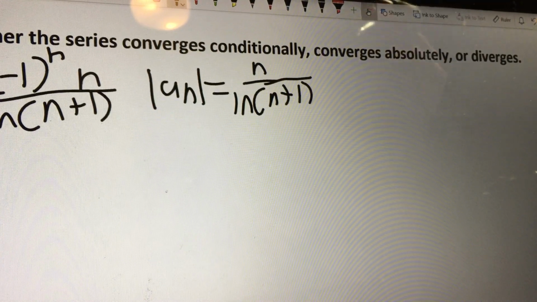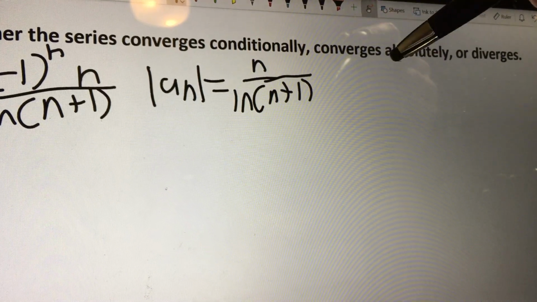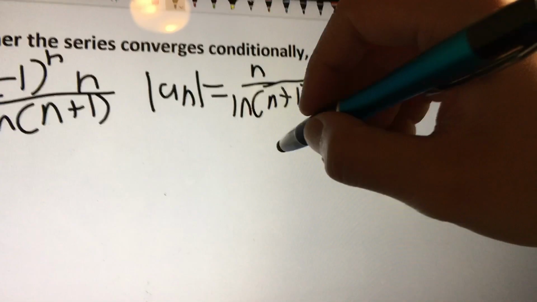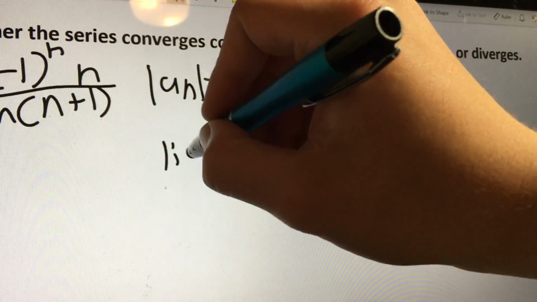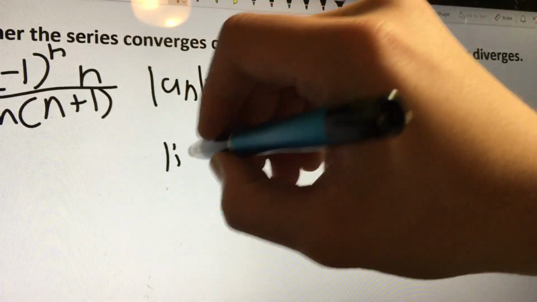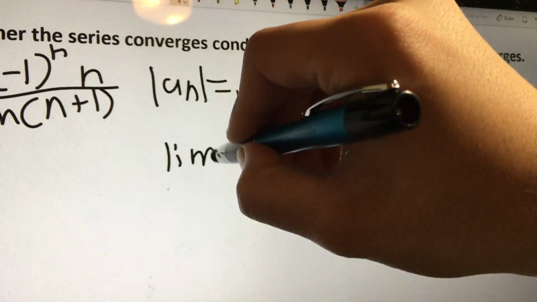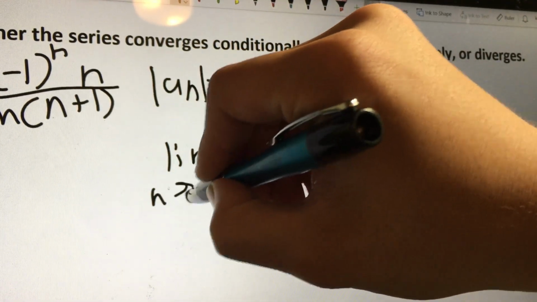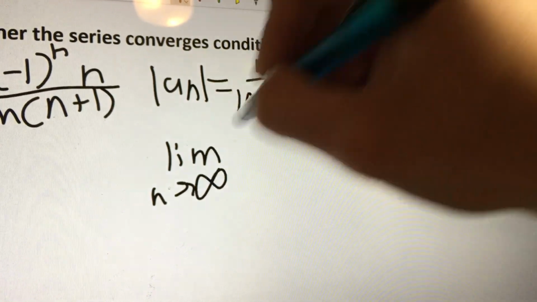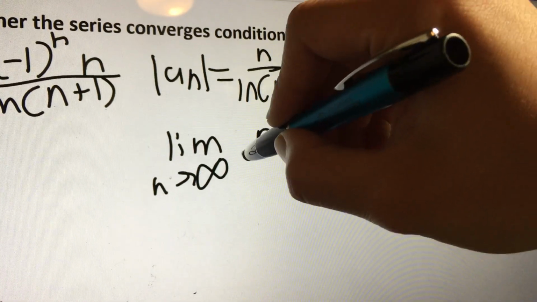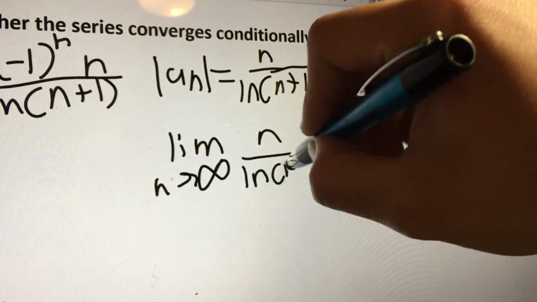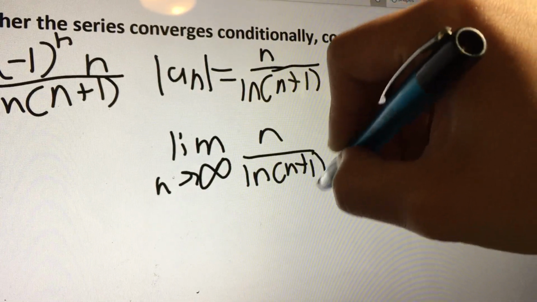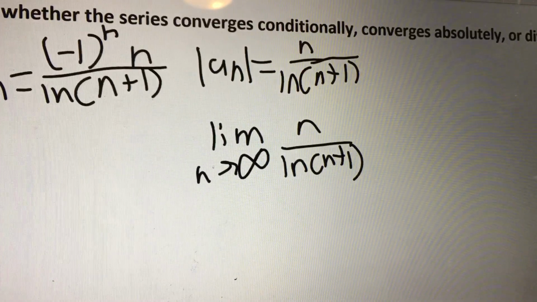Let's use the divergence test. So we take the limit as n approaches infinity, and this is absolute value, so this is okay.